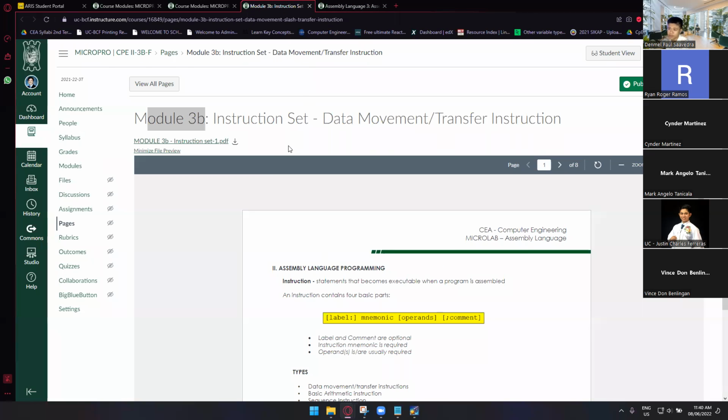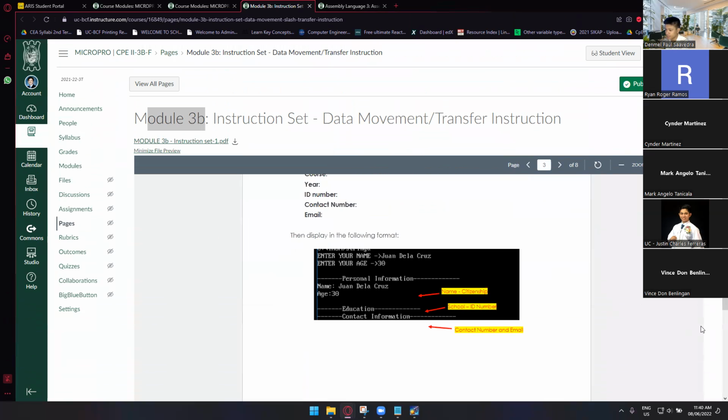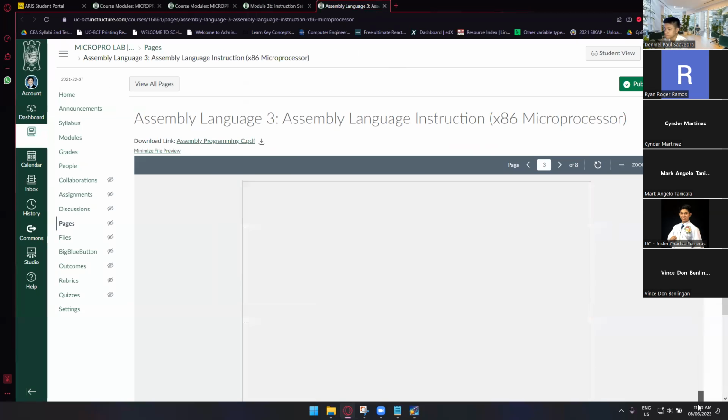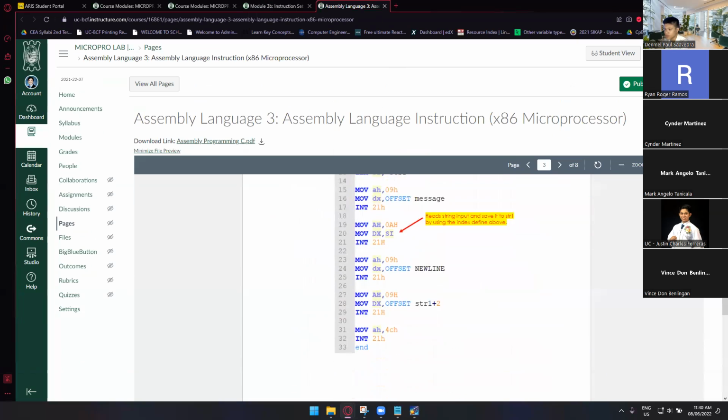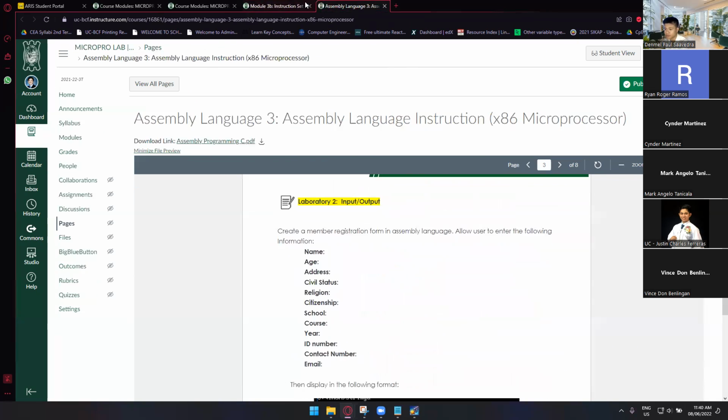I don't know what happened with Ma'am Suarez's modules, but all throughout they are the same, up to the last one, including the activity. In here it's called task 3.2, and in here it's your laboratory number 2, input output. See, they are just the same.